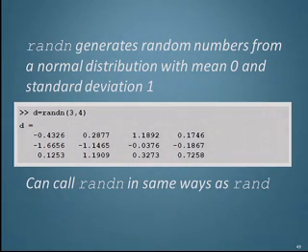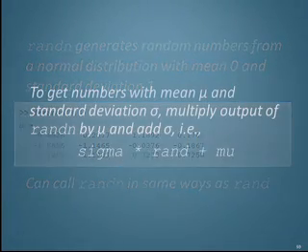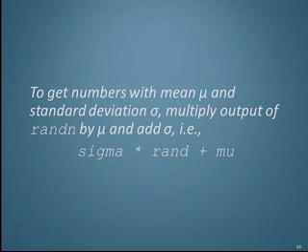That means you can move the average, you can change the standard deviation, and that can be very useful in different kinds of problems. Here's the way you would do it. Using that randn function times the standard deviation that you want plus the mean that you want. With that method, you can get any bell curve that you need to simulate noise or whatever.